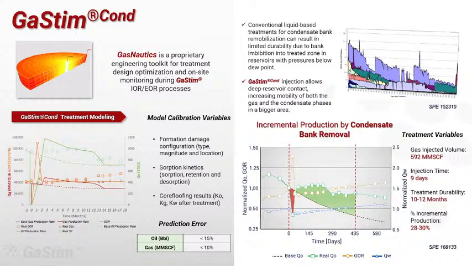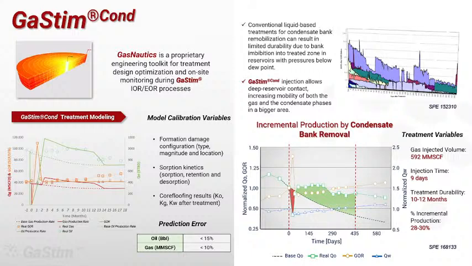It's a treatment where we injected about 600 million SCF throughout 9 days, and we see that the positive incremental treatment effects lasted for about a whole year.